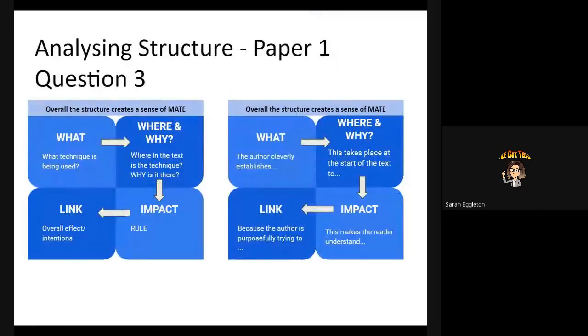Within that, you then want to think about what you are saying about the beginning, middle, and end. If you start your answer with overall, the structure creates an atmosphere of tension or a mood of fear, you're going to get a mark straight away for being analytical because you're already thinking about what the order of the information is doing. Your next step is to name the technique.